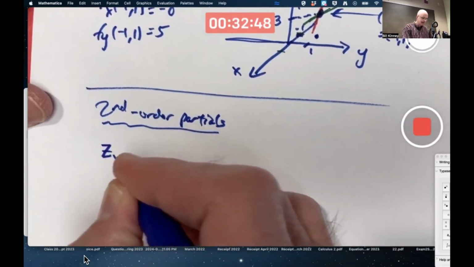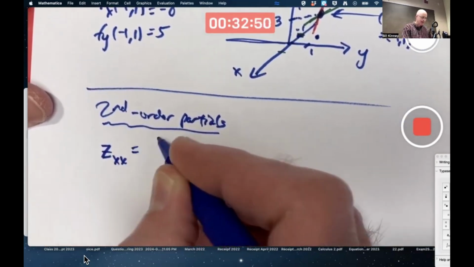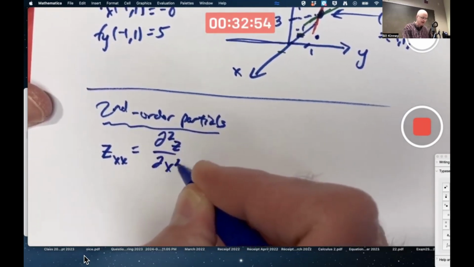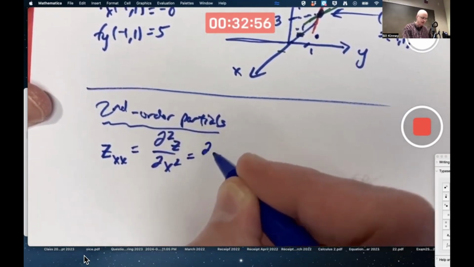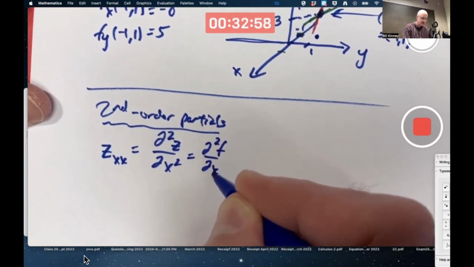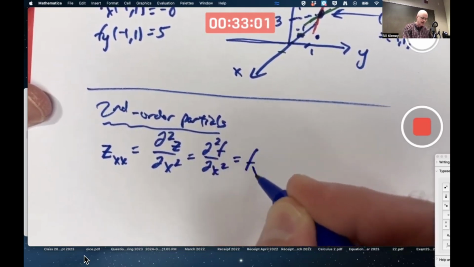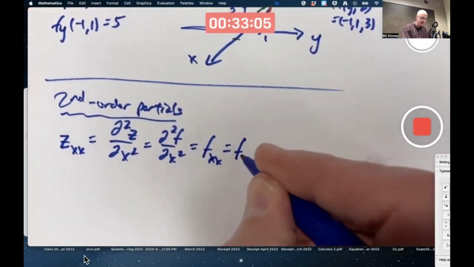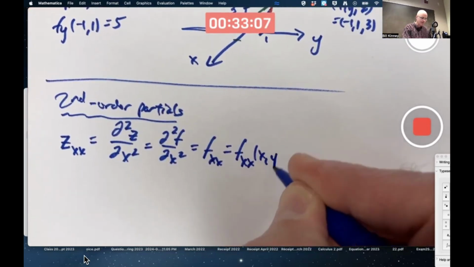There's zxx, the second derivative of z with respect to x twice. Could also use an f instead of a z. Could also write it as fxx, or the most common notation I'll use is fxx of x,y.